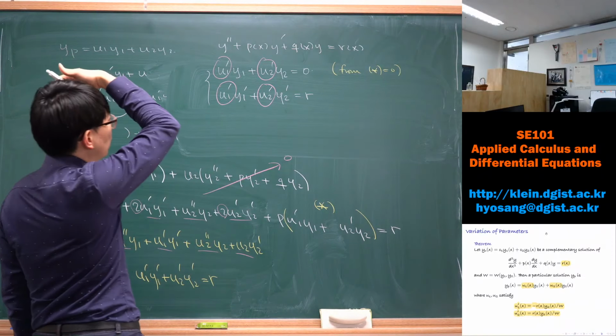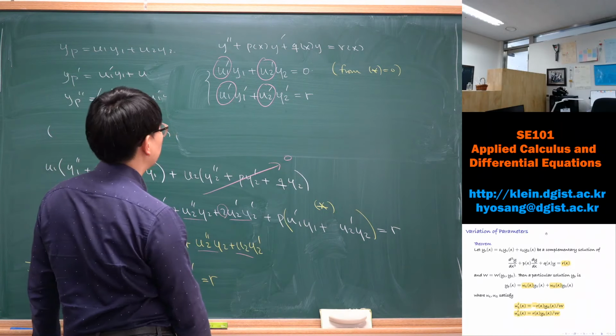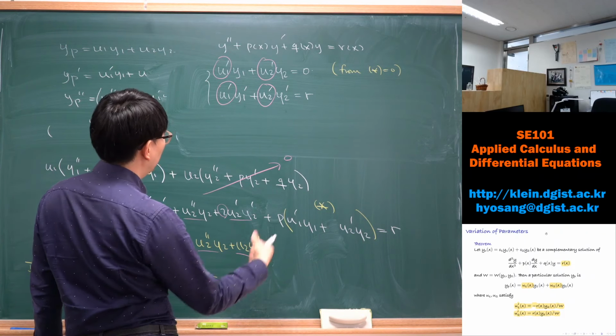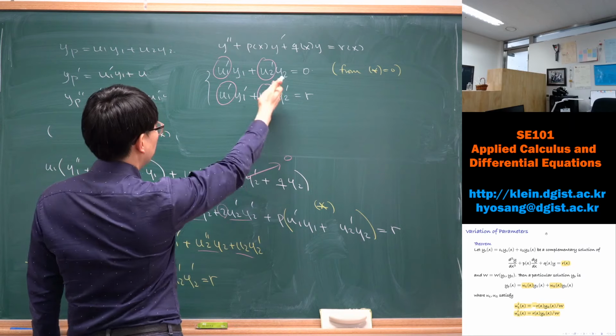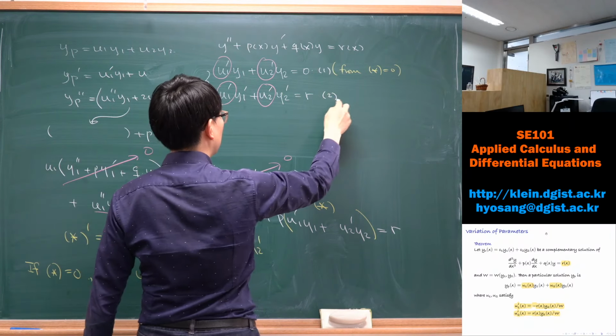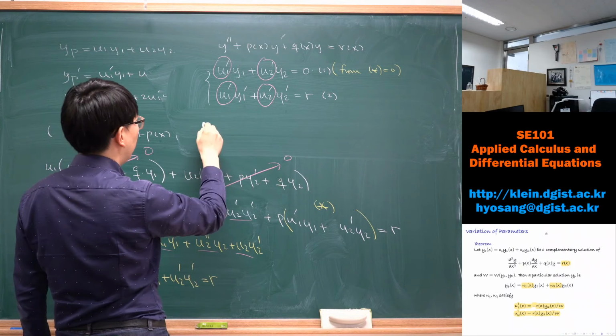So let's just try to solve this using the method that you already know for solving systems of equations. Let's say this is equation 1 and this is equation 2.